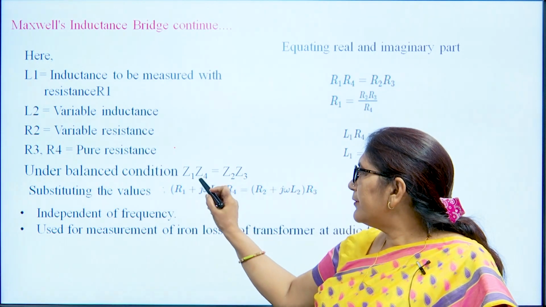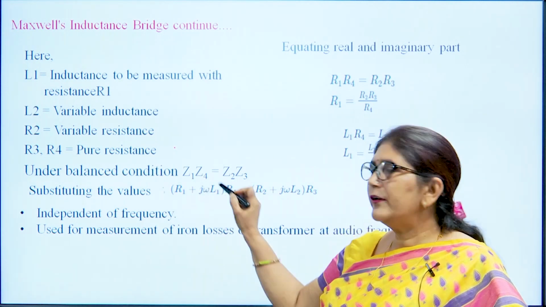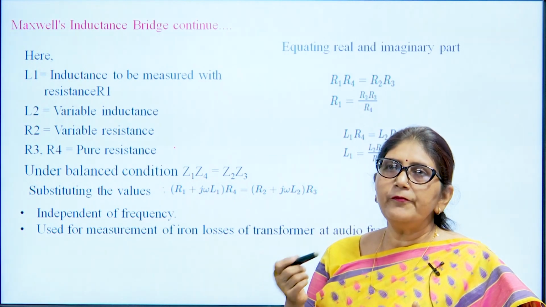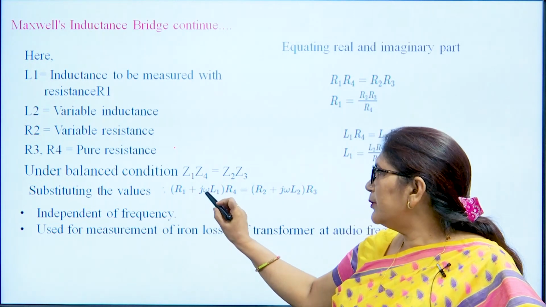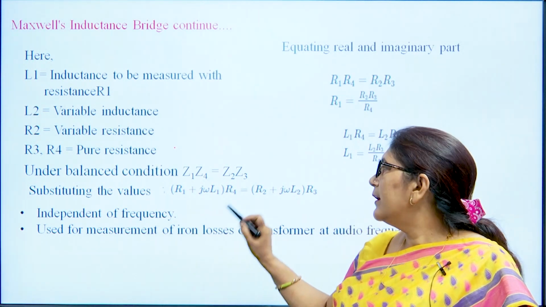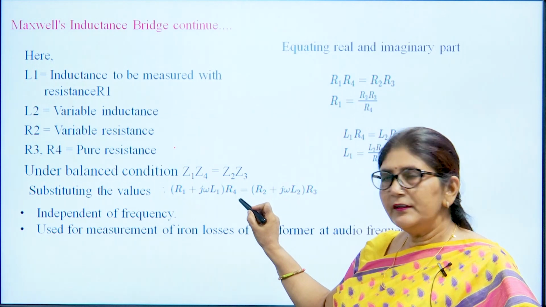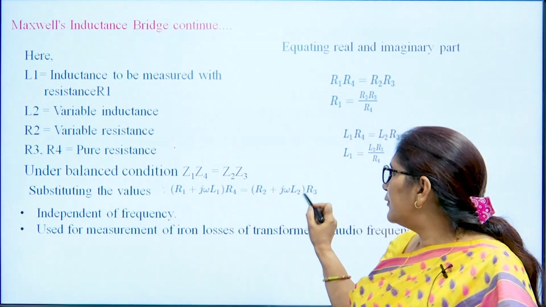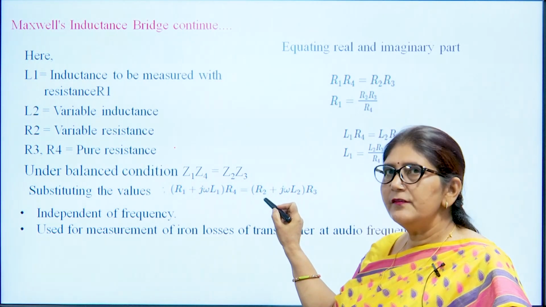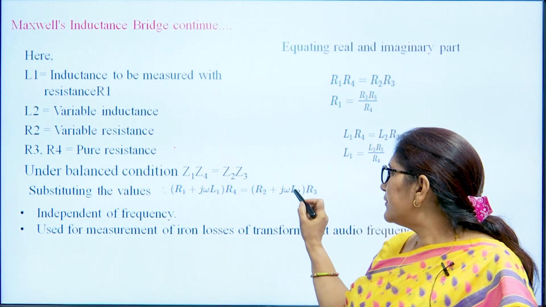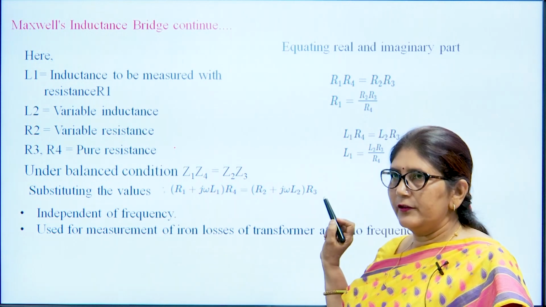Z1 is the series combination of inductance and resistance, so it is R1 plus j omega L1, and R4 is the pure resistance. Similarly, L2 is in series with a resistance R2, so it is R2 plus j omega L2, into R3.